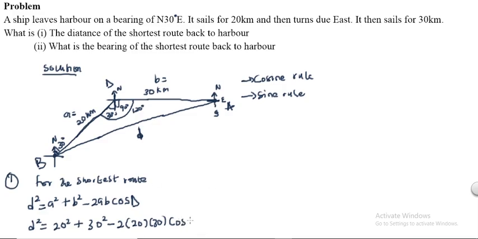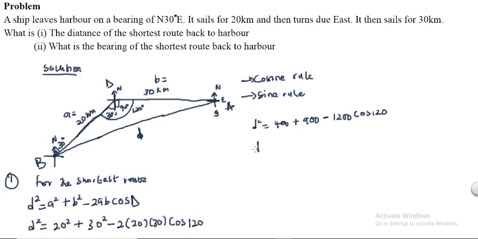So this is cos 120 degrees. Simplify this, we get D square is equal to 20 square is 400 plus 30 square is 900 minus 2 times 30 is 40 times 30, 1200 cosine 120.